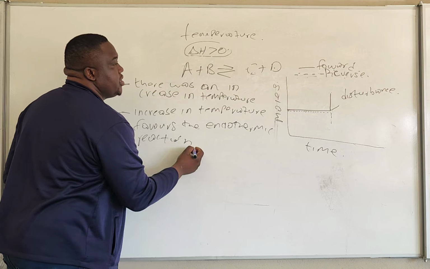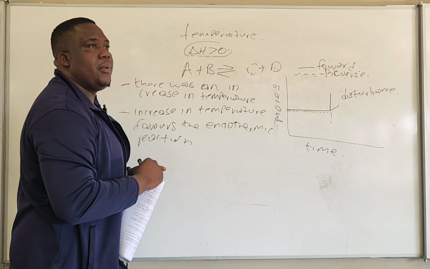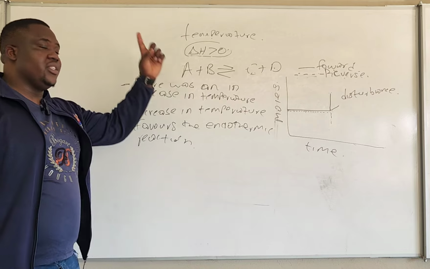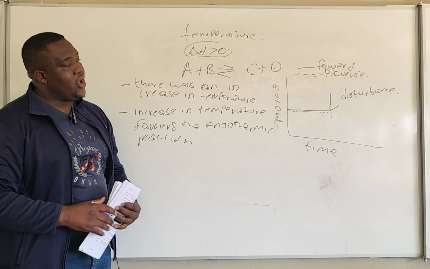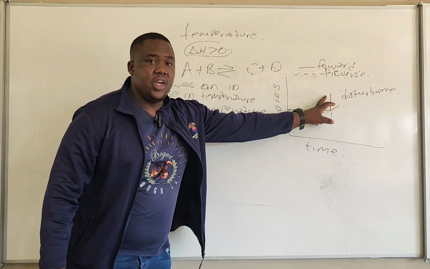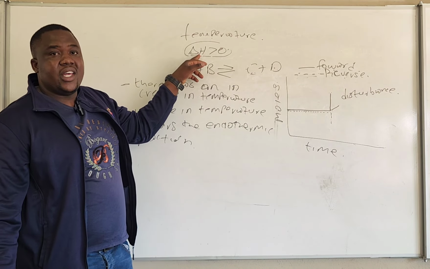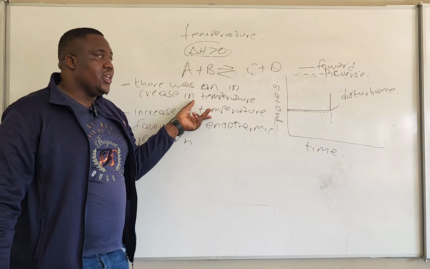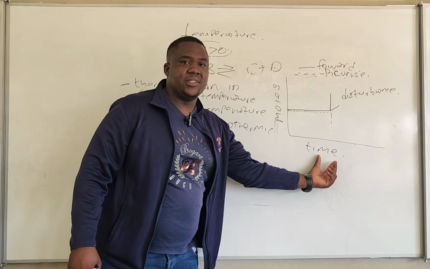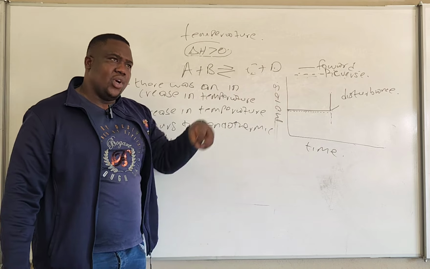That's why you see the forward reaction being favored. The number of moles of forward reaction is going up. I hope you're understanding. So the forward reaction is being favored because the forward reaction is endothermic and temperature was increased. That's why we have this disturbance. So when temperature is increased, the endothermic reaction is going to be favored.